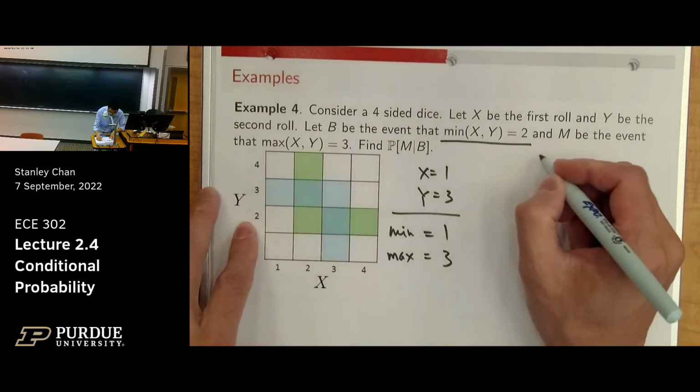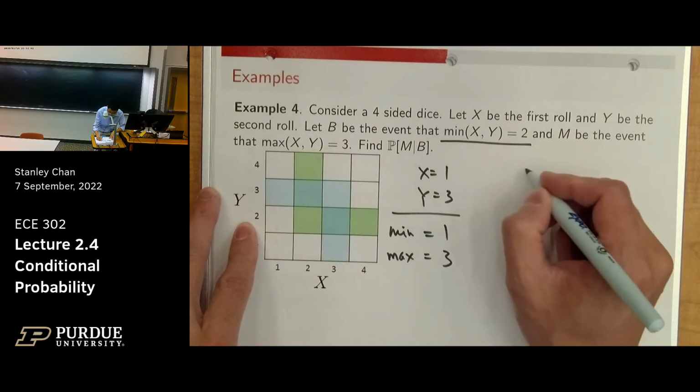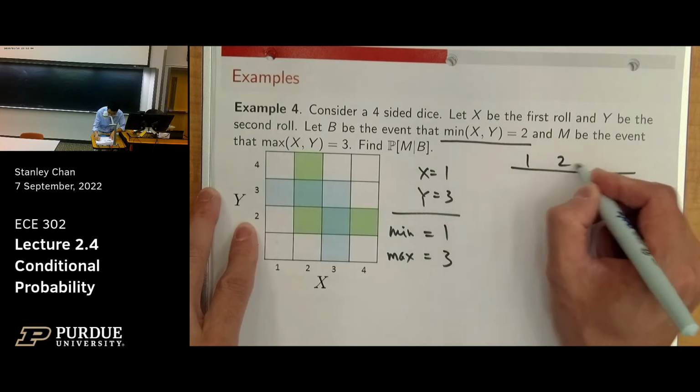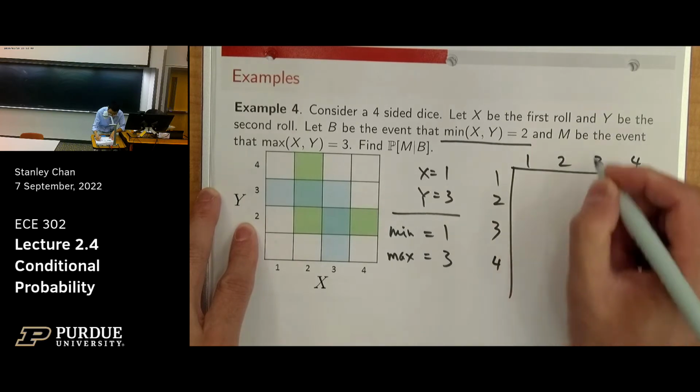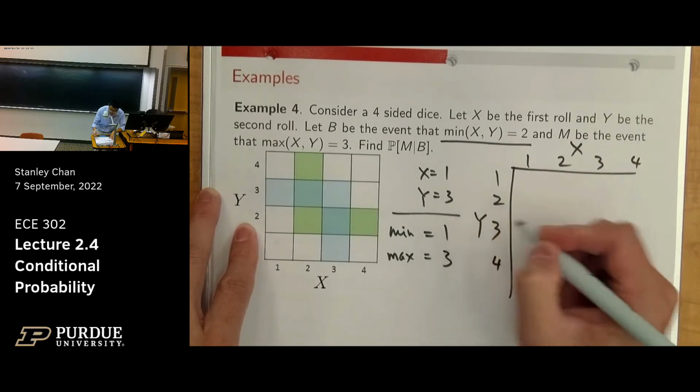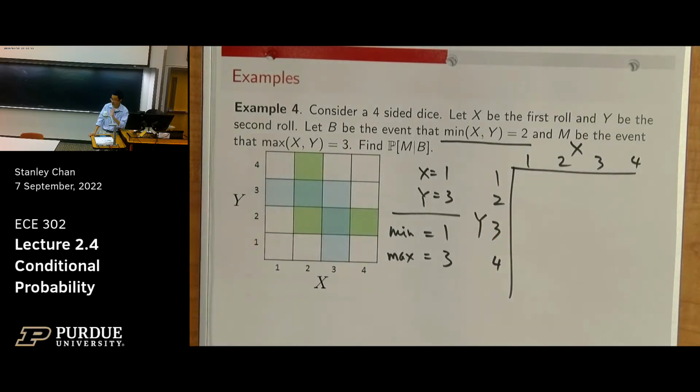So let's draw it again. 1, 2, 3, and 4 on each axis. Let's call this X and this Y. And now we ask that the minimum of these two, X and Y, has to be 2.